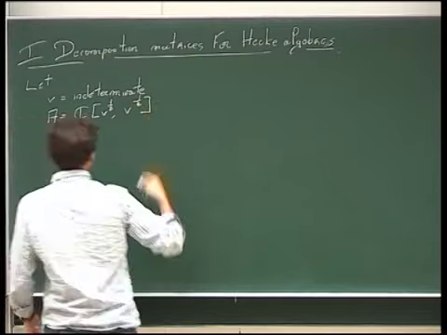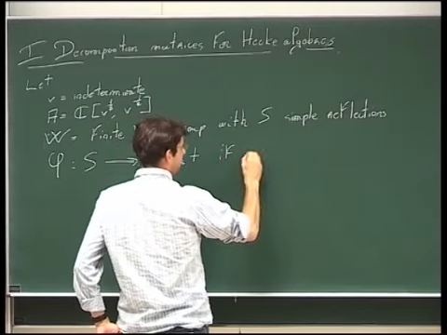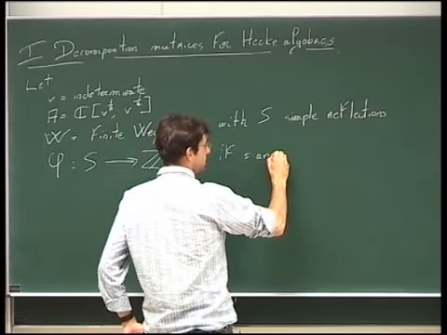Okay, then consider phi a map from S to Z, such that if S and T, elements in S, are conjugate, then phi of S is phi of T.